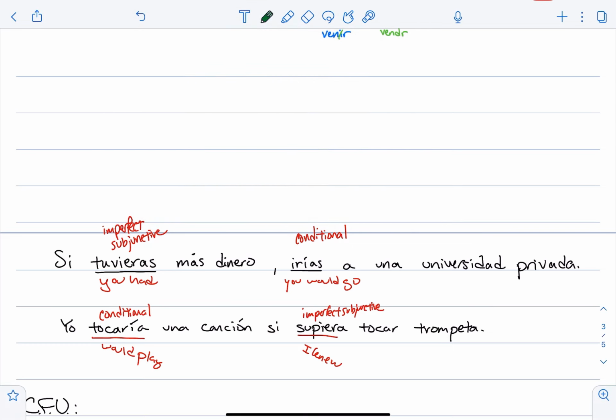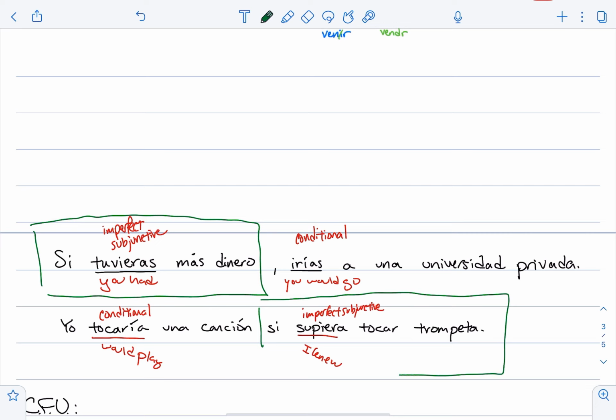So the important part when you're forming sentences such as these is wherever you have the if, you use the imperfect subjunctive. It doesn't matter if you start the sentence with the if or if you end the sentence with the if. But it's important that wherever the if is, you use the imperfect subjunctive with it. And then the result will always use the conditional.